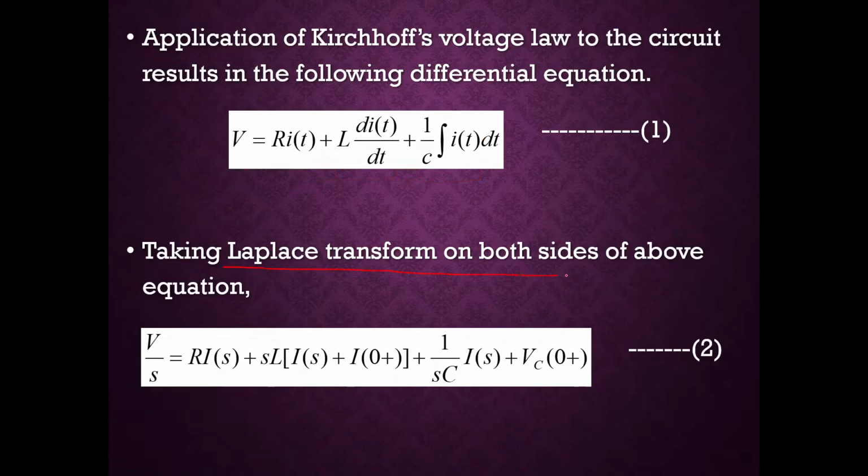Now taking the Laplace transformation on both sides. The Laplace transform of V is V by S. R is constant, and the Laplace of I of t is I of S. Here L is constant, so d by dt of I of t gives S into I of S plus I of 0 plus. 1 by C is constant, and the Laplace of the integral of I of t dt gives 1 by S into I of S plus Vc of 0 plus.